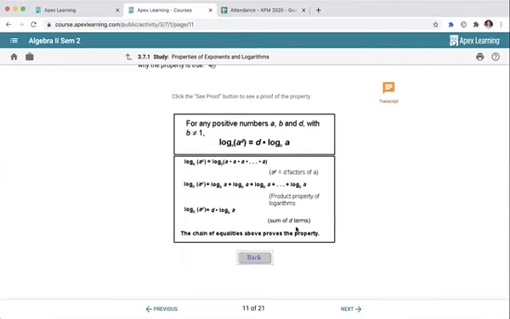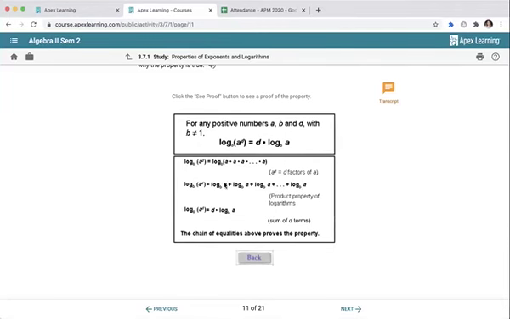Okay, and again, if we wanted to look at proving why these were true, we could rewrite our expressions here. There are multiple ways of proving that this is true. All it's saying is that if we had this property, it would be like saying log of a times a times a times a times a. And since we know this property, all of these individual ones get added together, since we know that if we multiply, we can add those individual logs together.